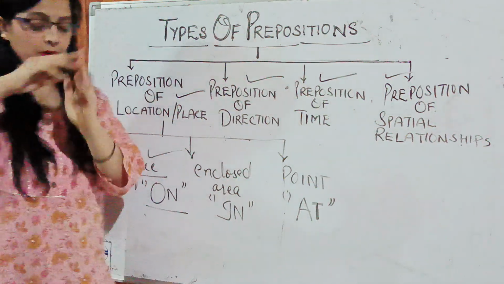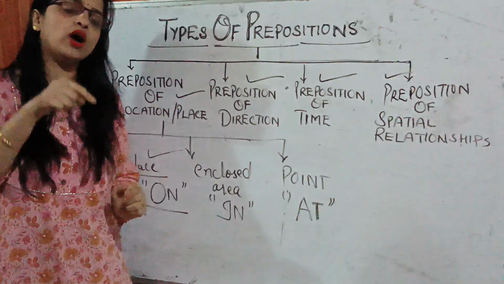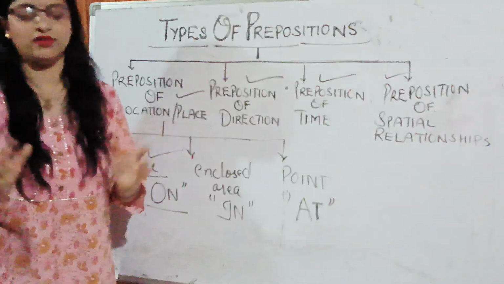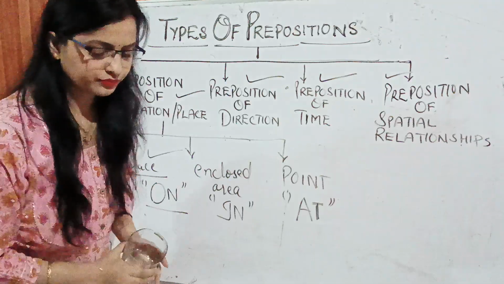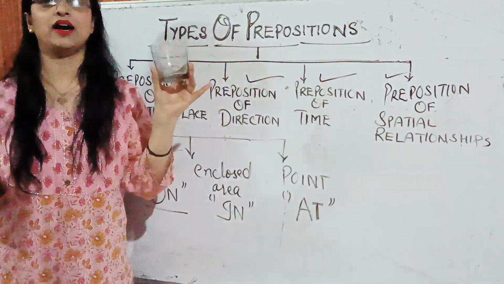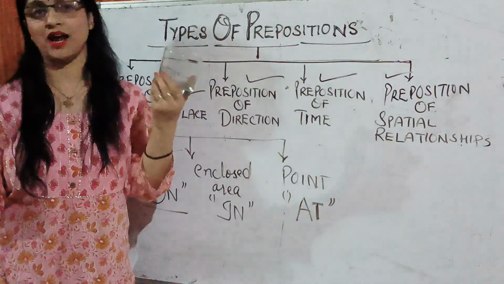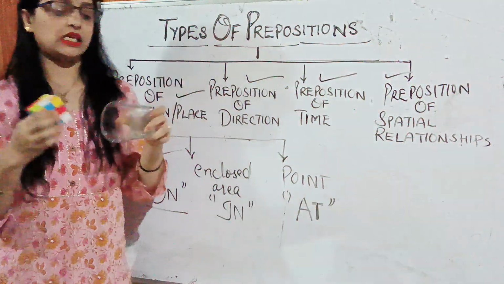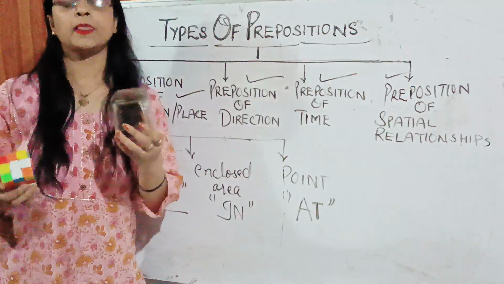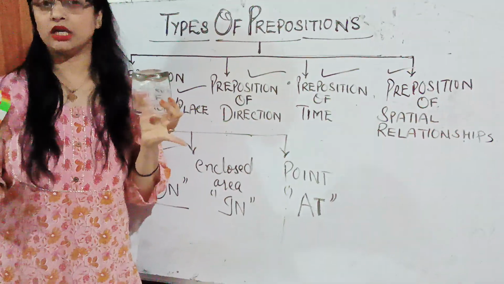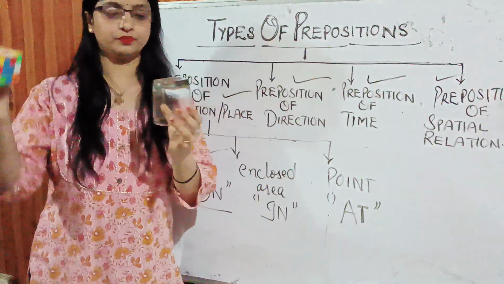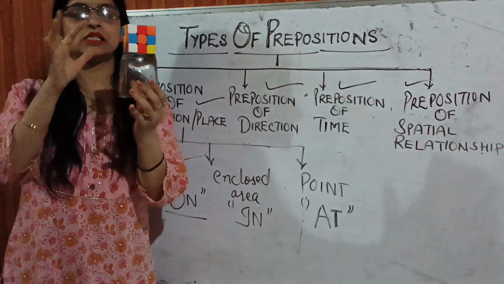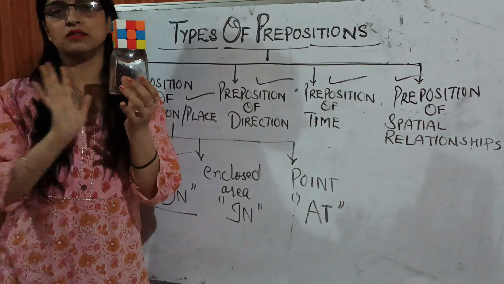Got it? If you still have doubt in your mind, I have one activity for you. Very simple and very interesting. See what I have in my hands. In one hand I have a glass and in another hand I have a dice. Watch me very carefully. What did I do? I place this dice on this glass.